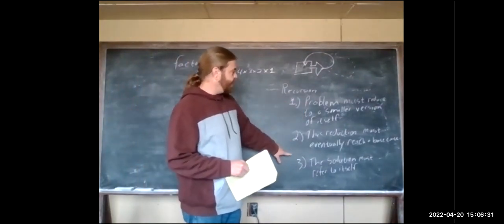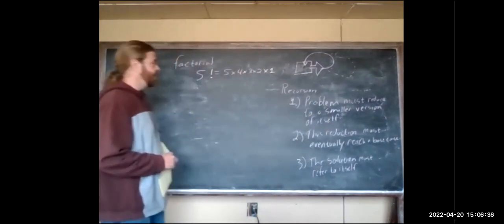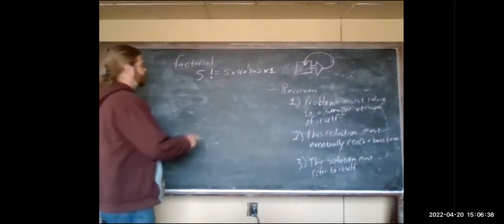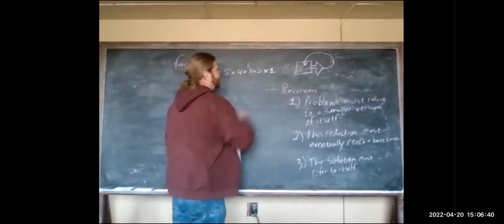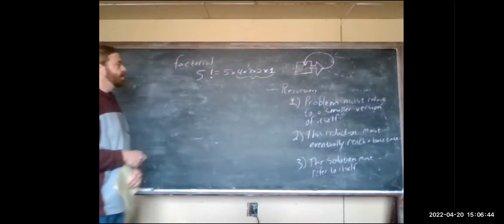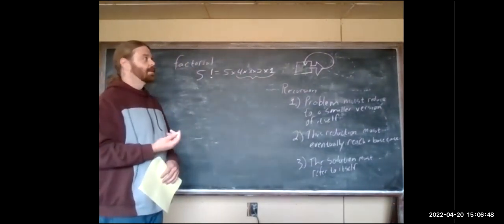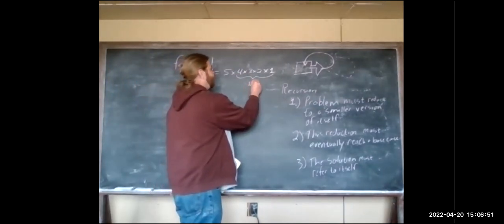And if we check our criteria here, the problem must reduce to a smaller version of itself. So 5 factorial is 5 times every number smaller. That every number smaller, 4 times 3 times 2 times 1, would be 4 factorial.